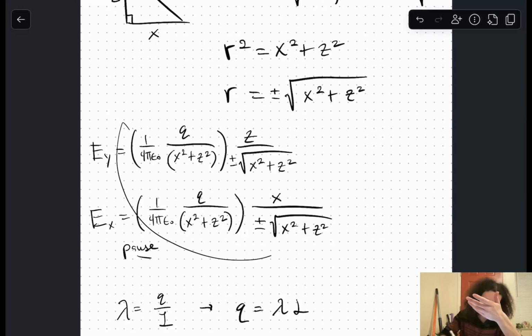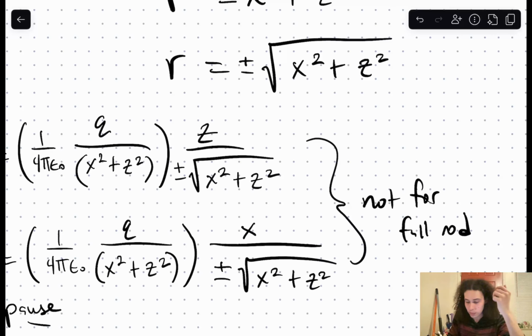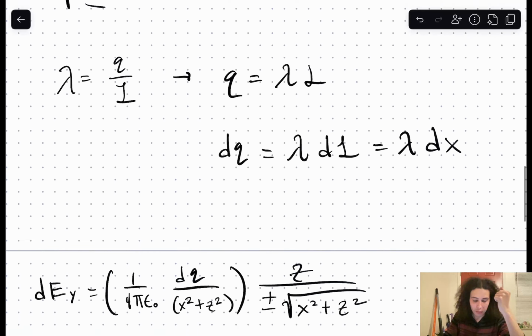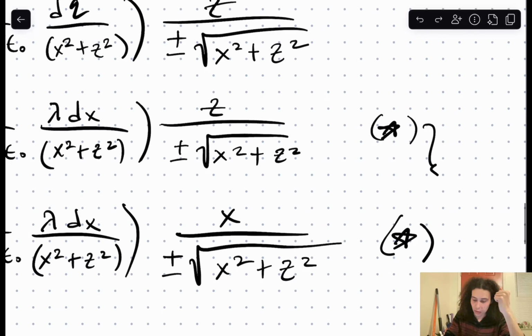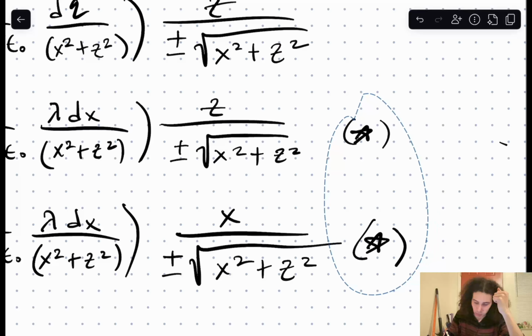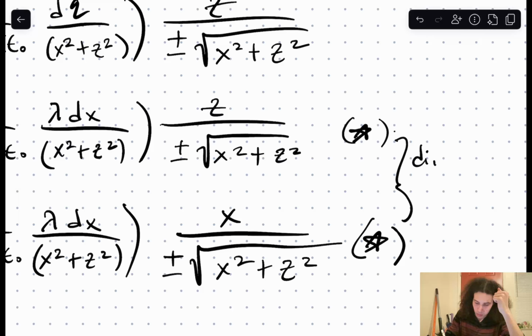So we were forming these equations. These are not for the full rod. It just helps us to get there. And now these are more adequate descriptions. So now this is for a differential element.